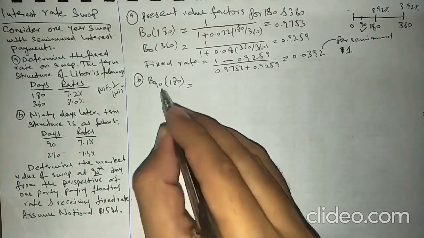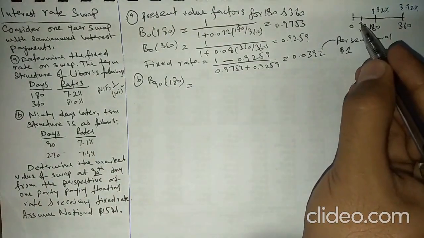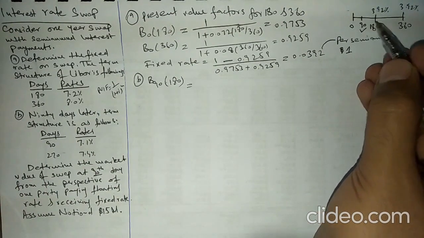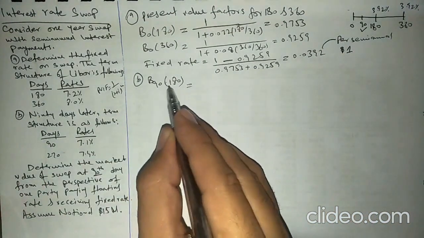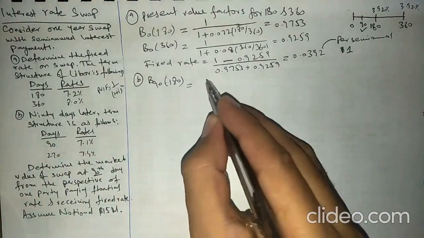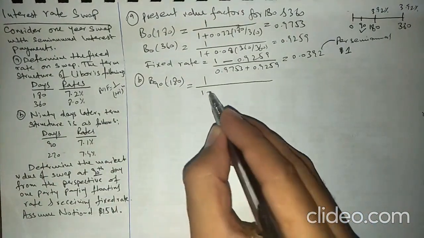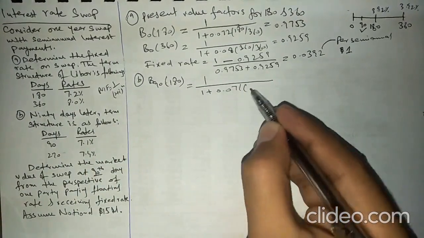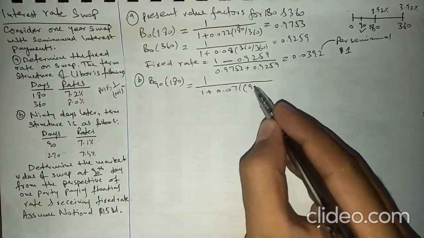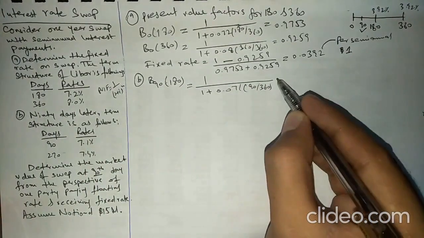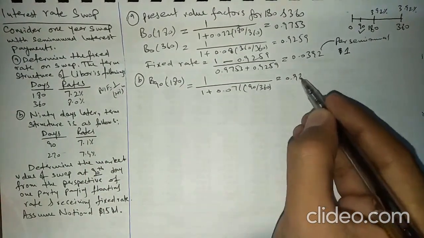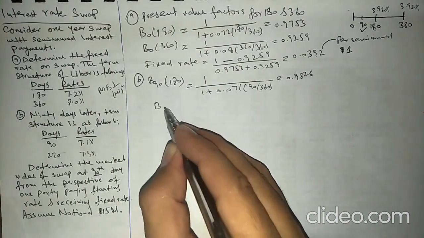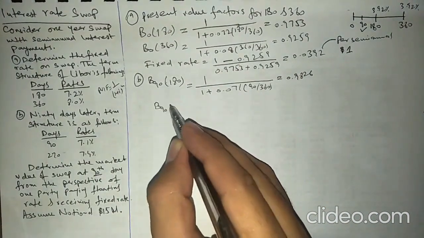This 90 means that now we are calculating at the 90th day, and the difference between 180 and 90 is 90. So we are calculating a present value interest factor for 90 days, and we will use the formula 1 plus 0.071 into 90 over 360, and the whole answer is 0.9826.